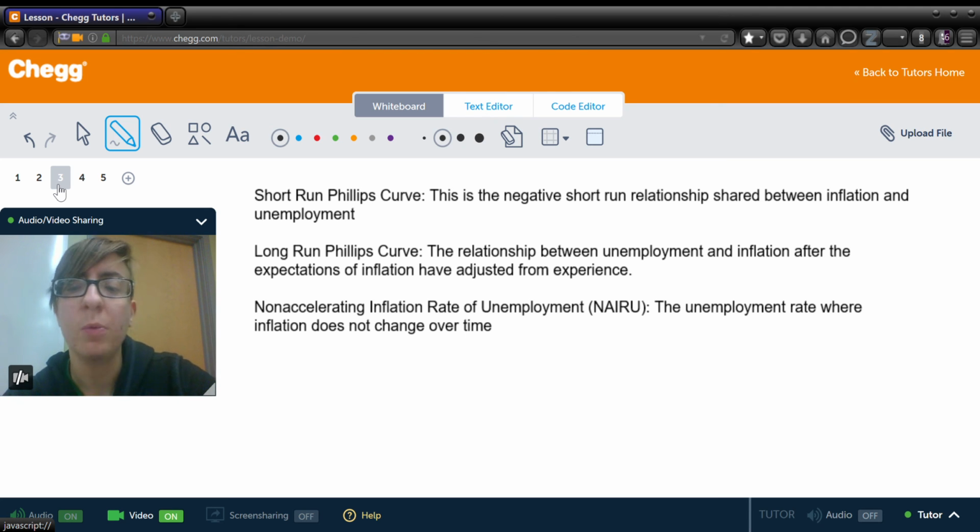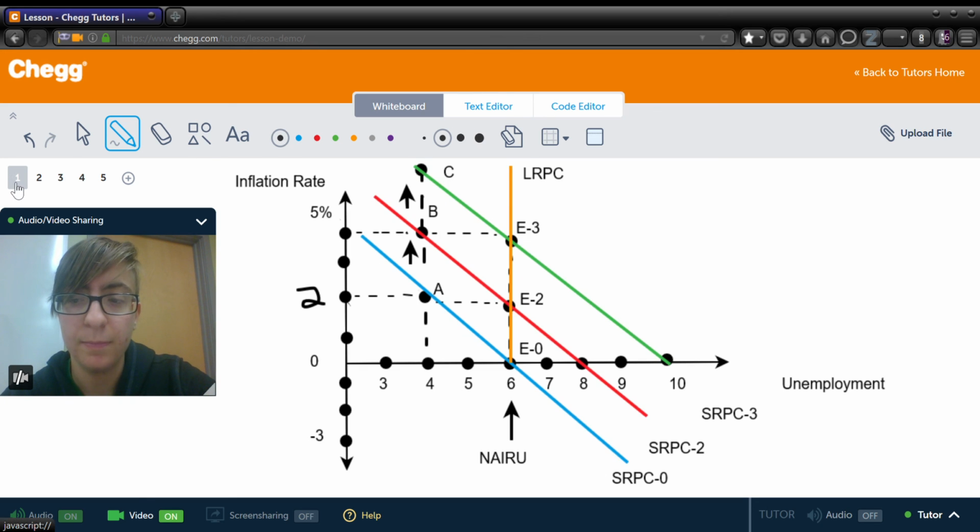The unemployment rate where inflation does not change over time. So the unemployment rate between time period SRPC 0 to SRPC 3, it stays at 6. That's how we know it is the non-accelerating inflation rate. Whenever you have a vertical point, that is how you will know.